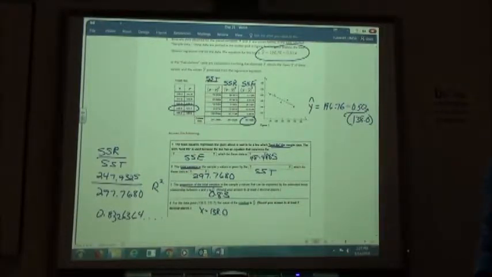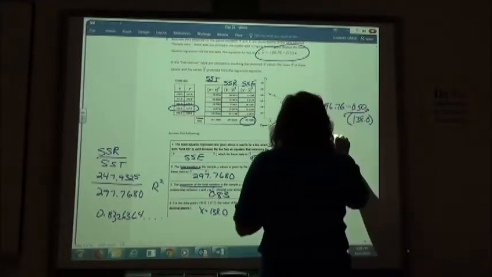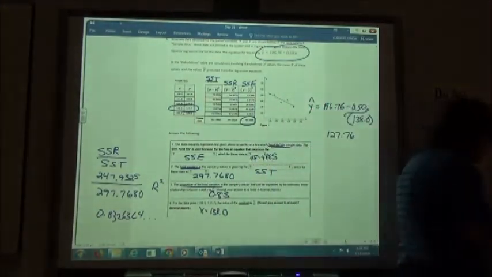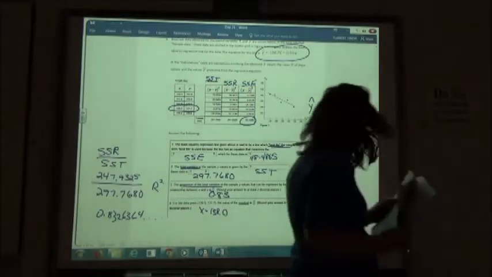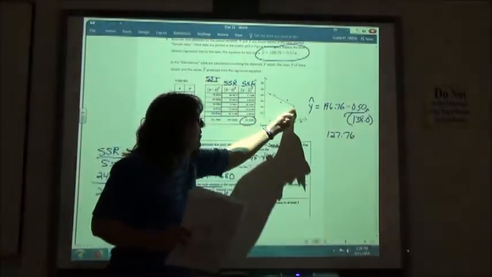And so when I do my calculation, hopefully you had time to do your calculation, I came up with 127.76. So the 127.76 would be the y value of the point that's exactly on the line.